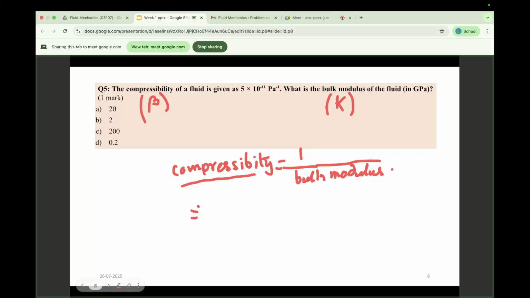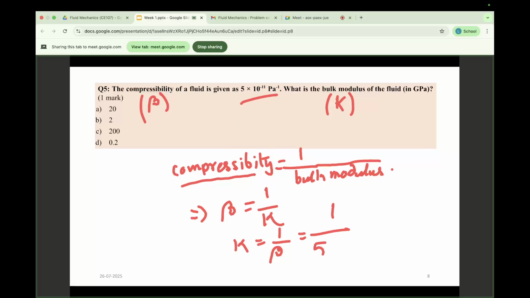Okay, so that means beta equals 1 by K. So K equals 1 by beta. What is the value of beta? That is 5 into 10 to the power minus 11.